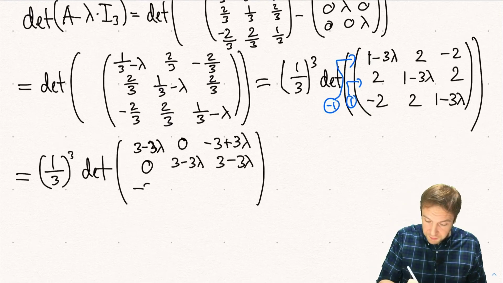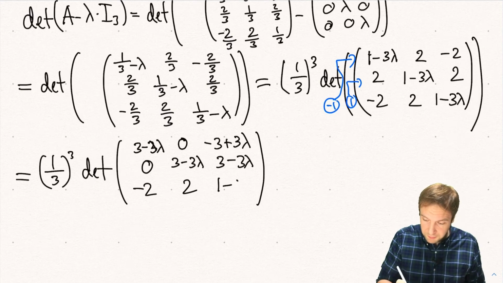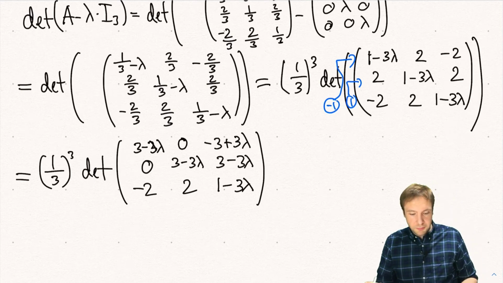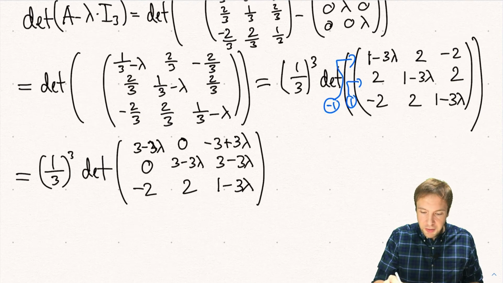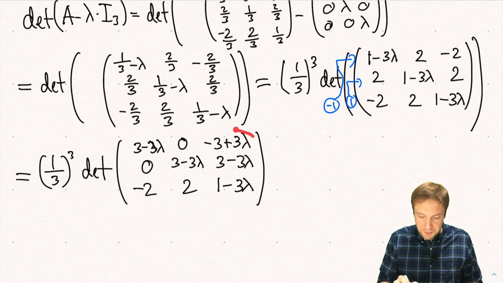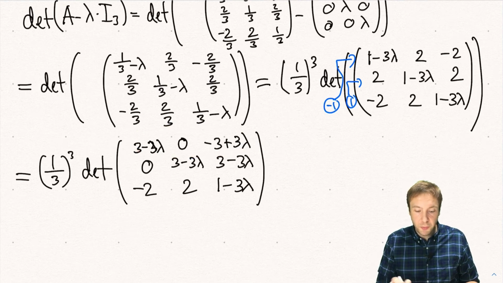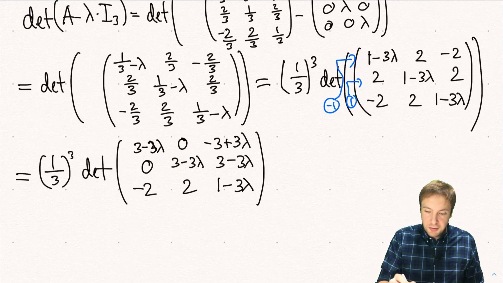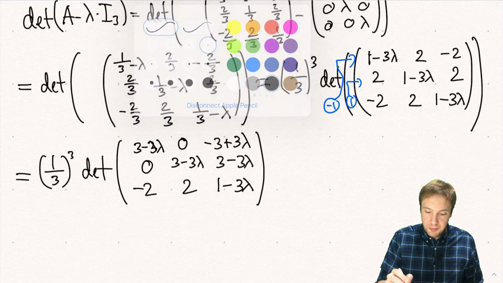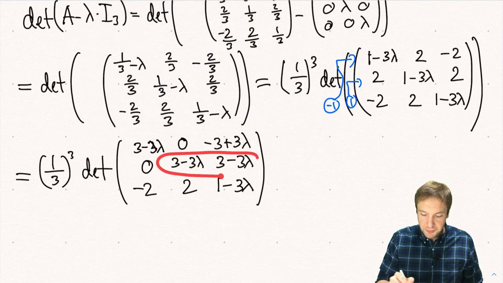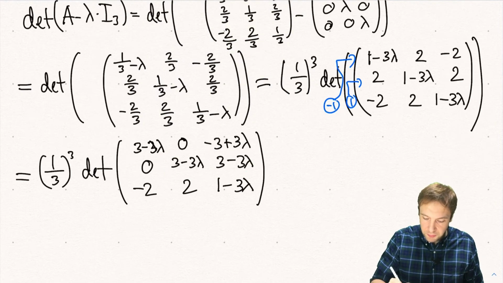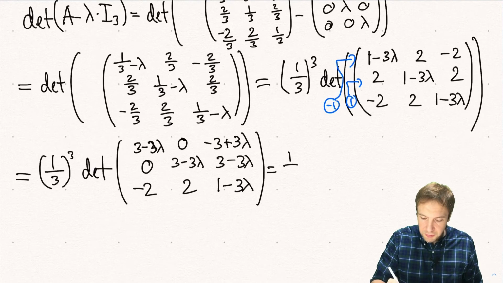And here I still have the same, like this. And now again, here you see the factor 3 minus 3 lambda, which I can factor out. And also I can factor this out in this row here. So this is the same as 1 over 3.